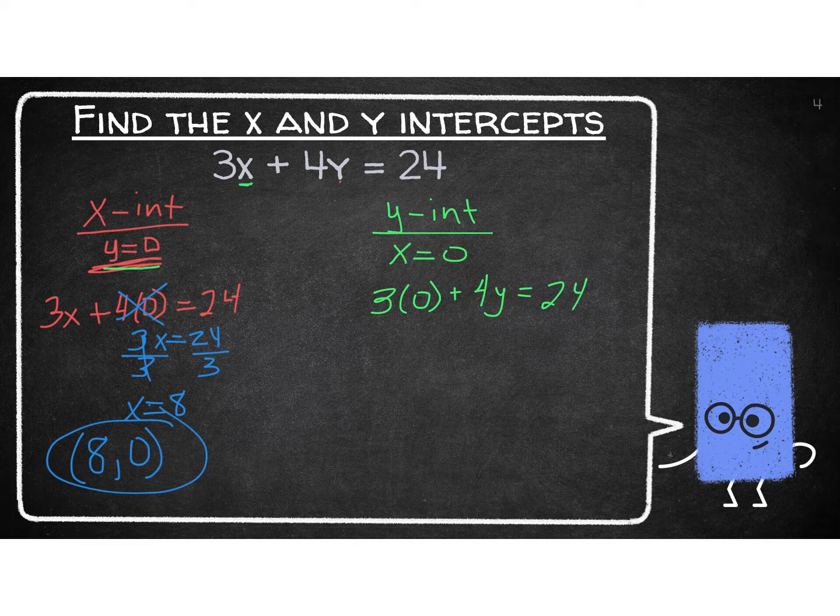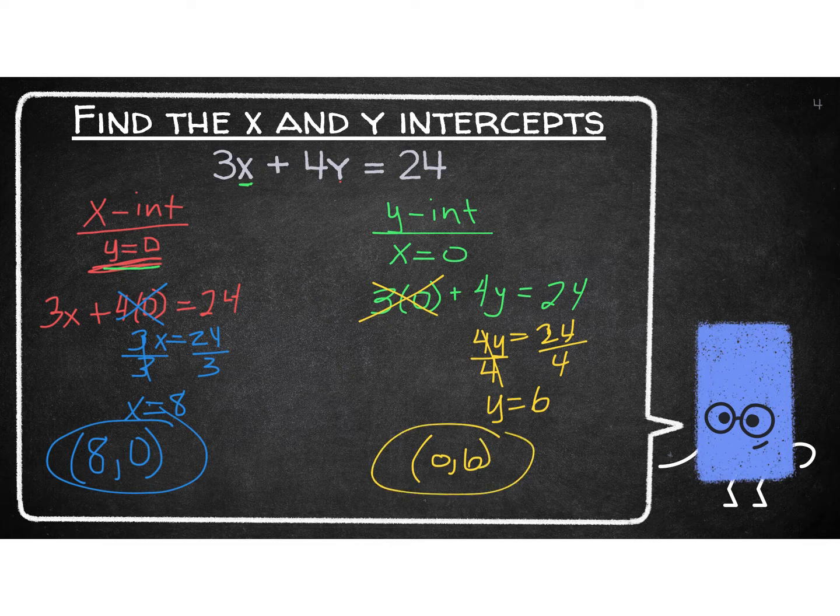So in this one, similar to the last one, 0 times anything is 0. So I just have 4y equals 24. And then I'm going to divide by the 4, and y equals 6. So my y-intercept is 0, 6. And now I have my two intercepts.